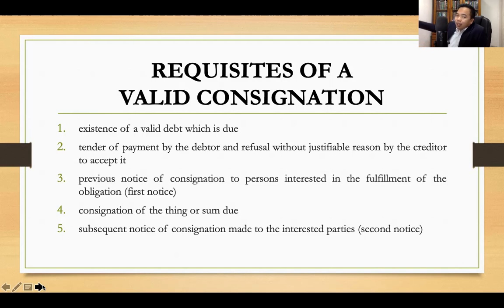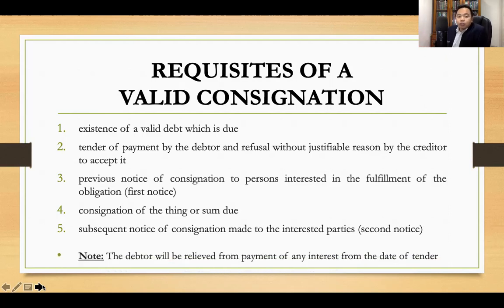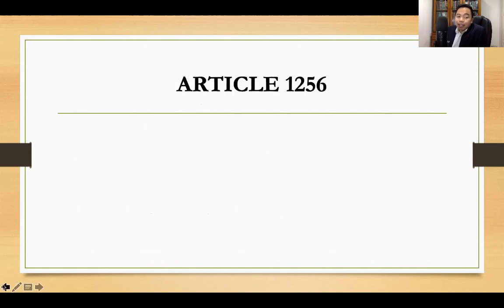Now, after notifying them that you are consigning the payment, or the sum due, to the court, then you have to consign the thing or the sum due. And after consignation, there is a second notice, a subsequent notice of consignation made to the interested parties. Take note that the debtor will be relieved from payment of any interest from the date of the tender of payment. Take note of that, from the date of tender of payment.